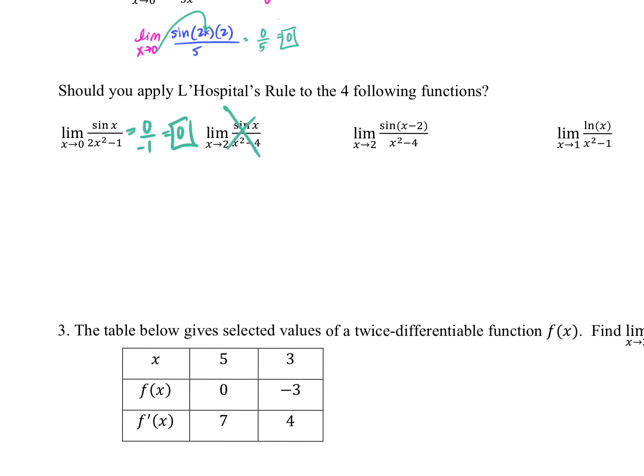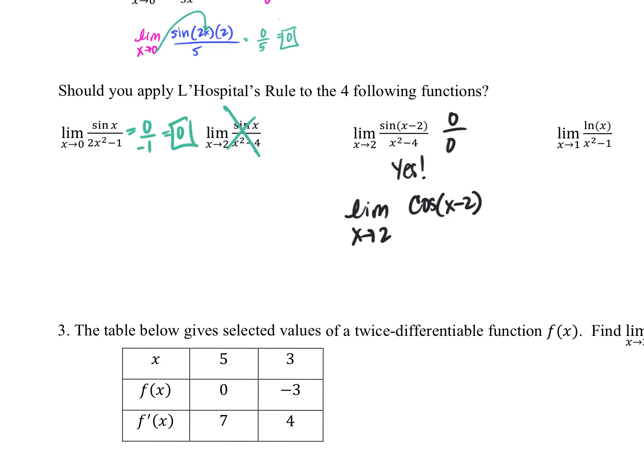Let's skip this guy. How about this one? What do we have up top? Sine of 0, which is 0, over? Yeah, so because we got an indeterminate form, we are going to apply L'Hopital's. And how does that look again? Derivative of the top over the derivative of the bottom. What is the derivative of sine? Leave the angle.